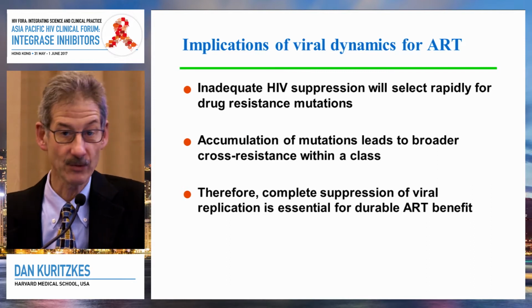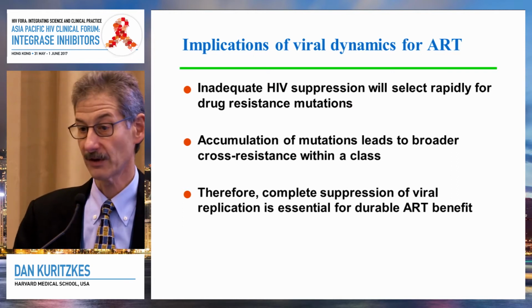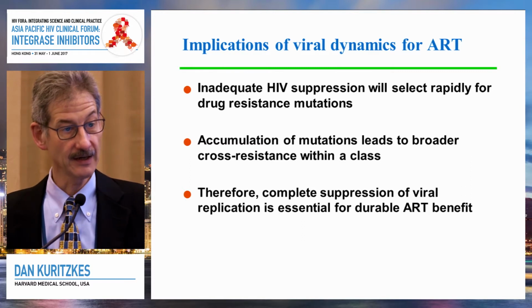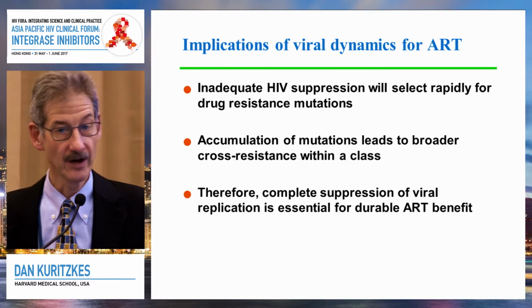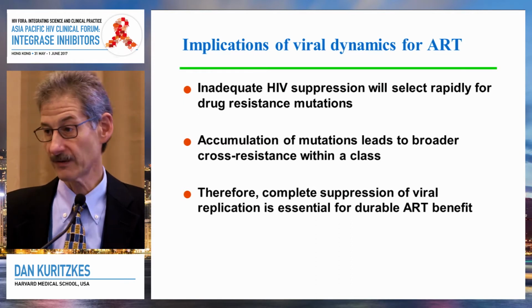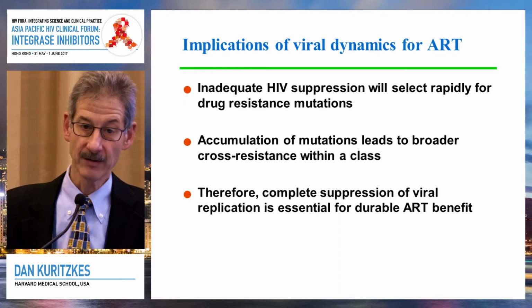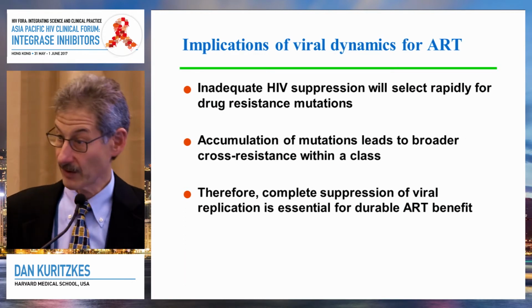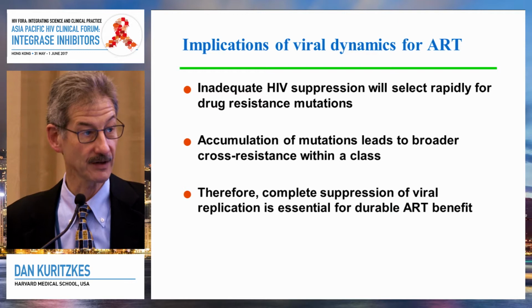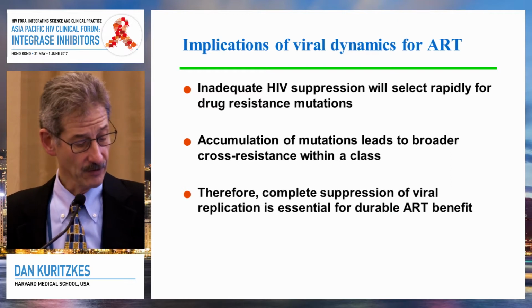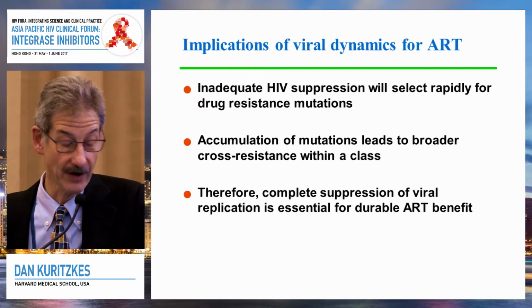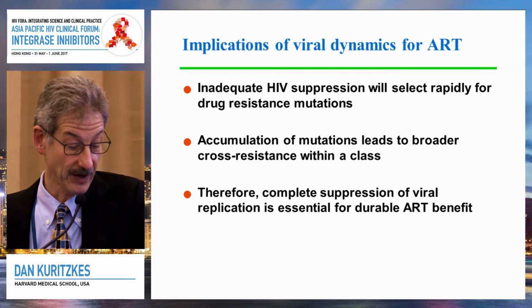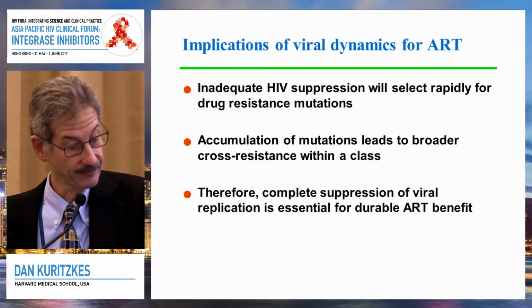And we learned this the hard way in the early era of nucleoside analog RT inhibitors with AZT and didanosine and D4T, where the long-term use of failing therapies just allowed more and more mutations to accumulate until none of the drugs in the class were of any use, and we went through the same experience with the early protease inhibitor era. So for that reason, complete suppression of viral replication is really essential in order to be able to have a durable benefit from treatment.